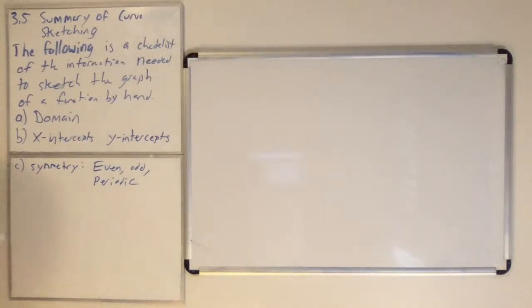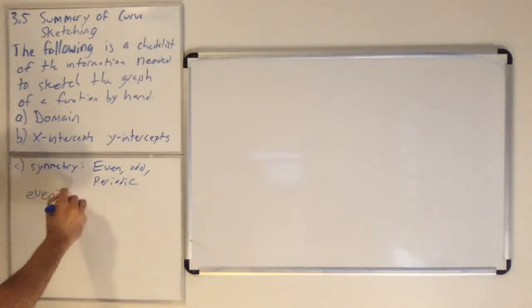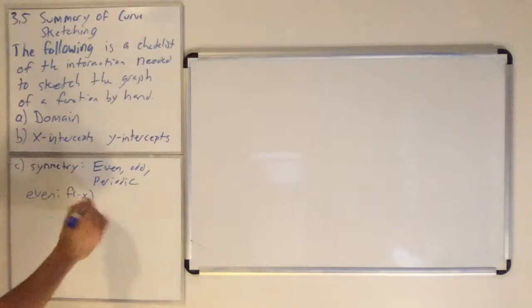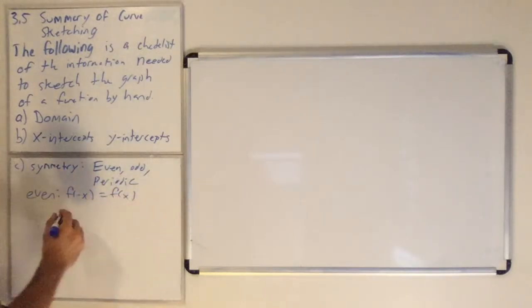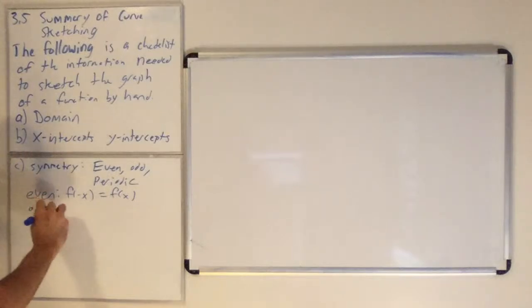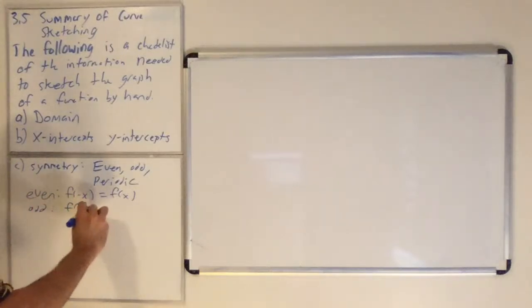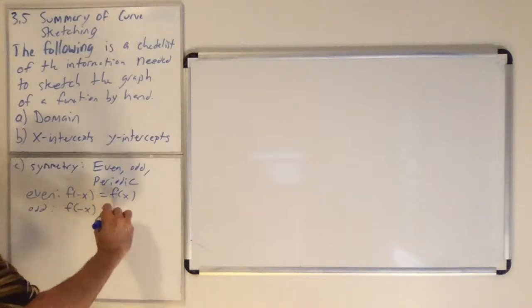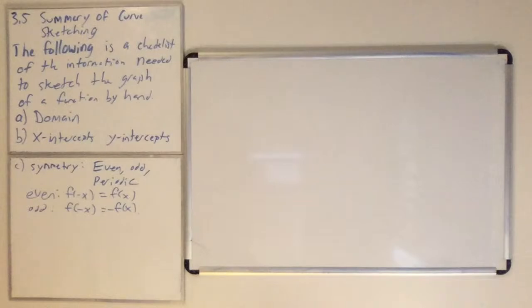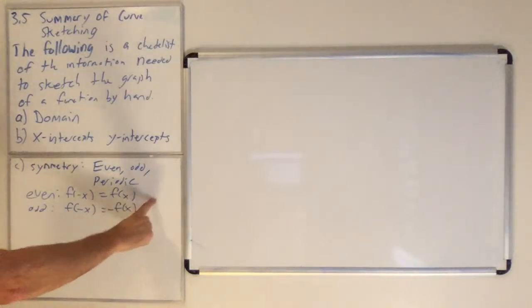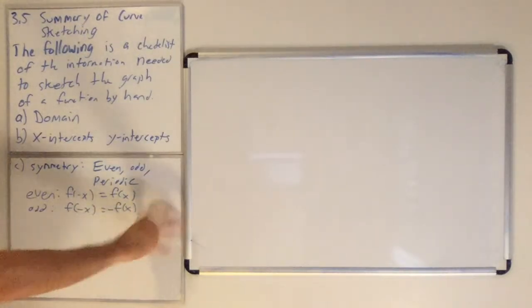So remember, even means that f of negative x is equal to f of x, and odd means that f of negative x is equal to negative f of x. Yeah, Max, what it's going to look like is exactly that. So if it's even, it's symmetric about the y-axis. If it's odd, it's symmetric about the origin.